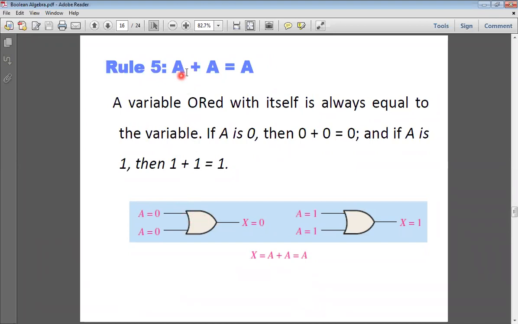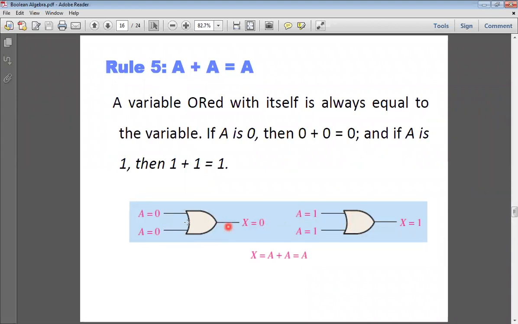So this is an OR gate and both the inputs are the same variable, A. First input is A, second input is also A. Now let's choose A to be 0. Since the second input is the same as the first input, the second input will also get 0. So 0 OR 0 is 0.